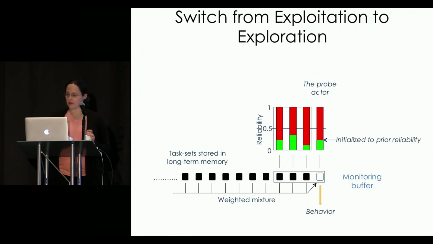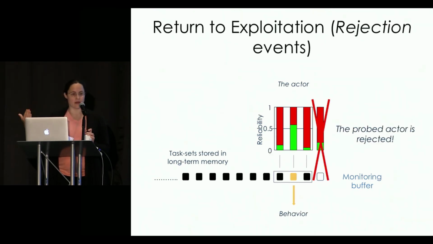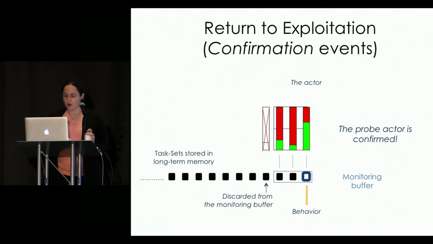And this exploration period can either end in you thinking that the current episode corresponds well to a previous task set, in which case you can reactivate it and so reuse the knowledge you had of this previous task set, or decide that no, this environment necessitates creation of a new rule. So for example, if you've never used a Windows machine before, you might need to create a whole new set of rules for this one, in which case the probe actor becomes a new task set that you're using.